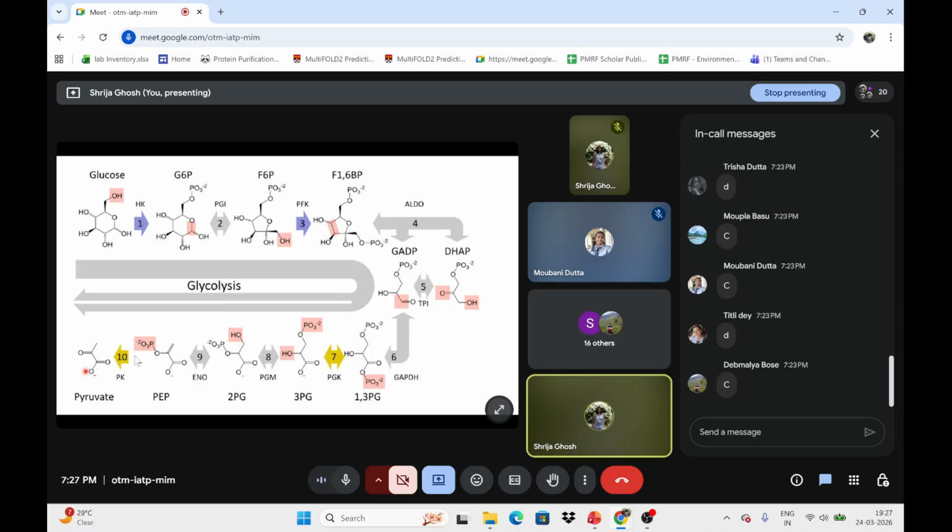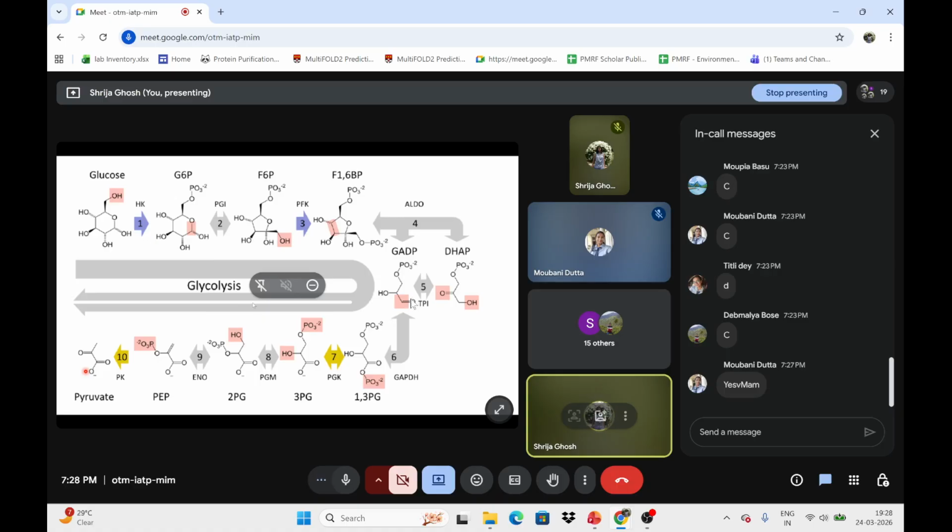Any doubt in this? Any doubt how we got 10 intermediates? Okay, one person is saying yes, ma'am. So I am assuming others also understood. If anybody has any doubt, I can explain again. I hope you can see 10 steps here. So there are 10 intermediates.